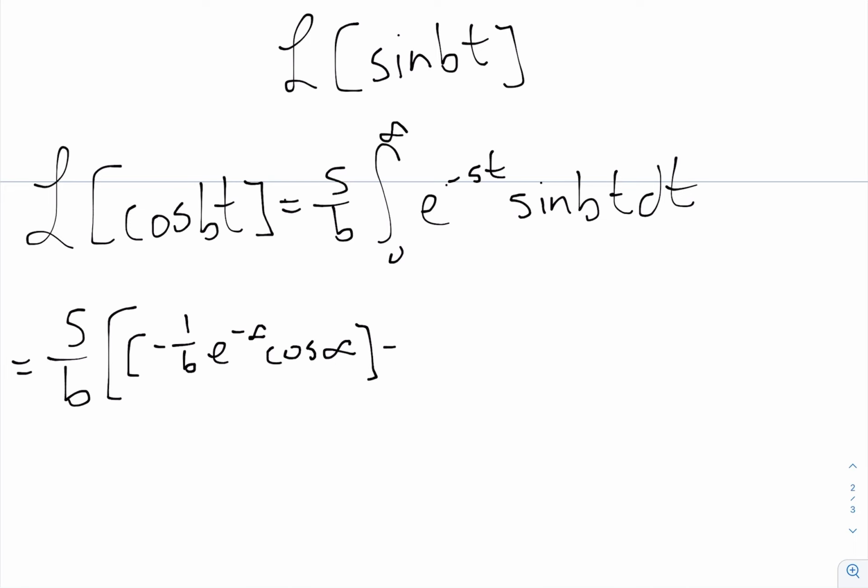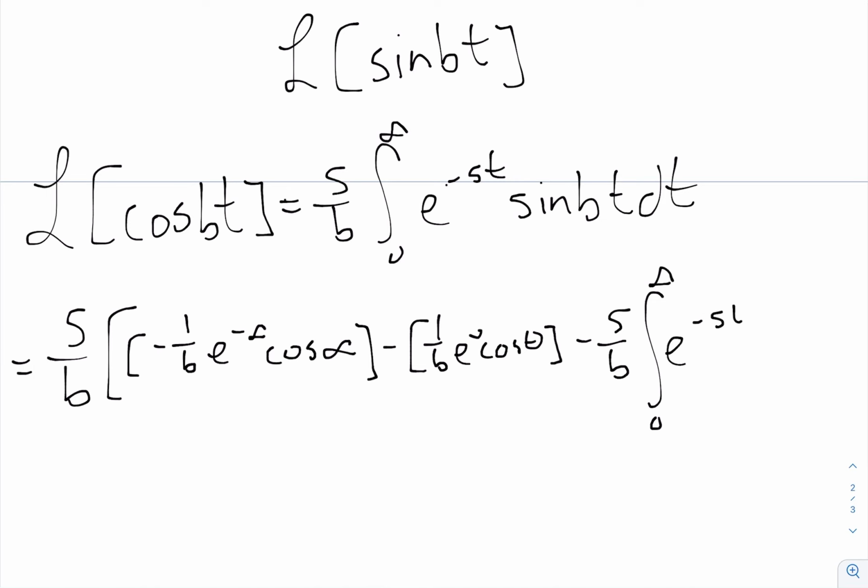Minus 1 over b e to the 0 goes to 0, so this is really our uv evaluated from 0 to infinity. And then, of course, we have minus s over b times the integral from 0 to infinity of e to the negative st cos bt dt.